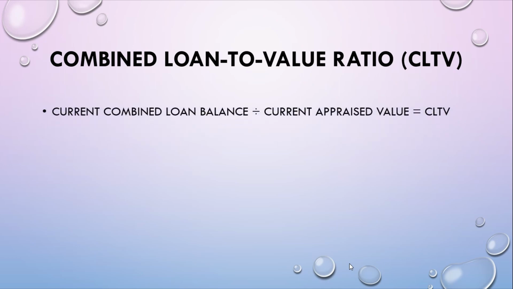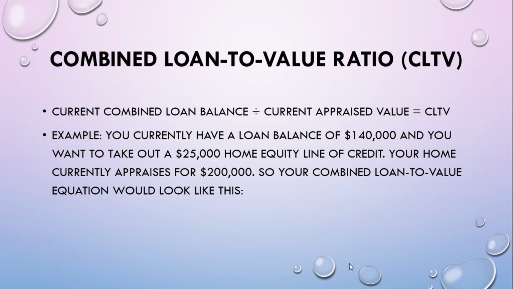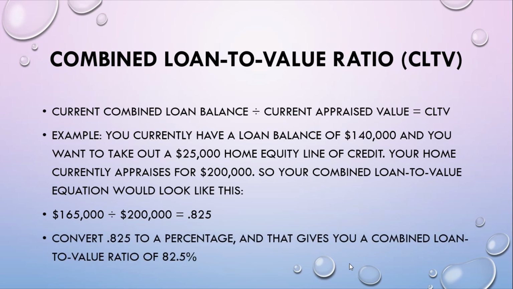Now, for example, say you currently have a loan balance of $140,000 and you want to take out a $25,000 home equity line of credit. Your home currently appraises for $200,000. So your combined loan-to-value equation would look like this: 165,000 divided by 200,000 equals 0.825. Now convert 0.825 to a percentage, and that gives you a combined loan-to-value ratio of 82.5%.